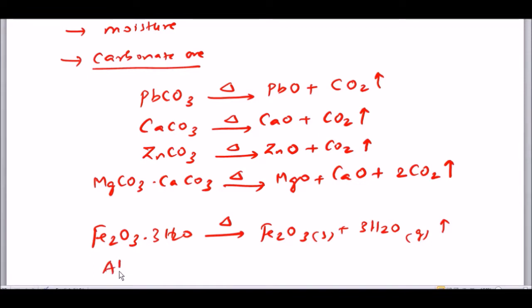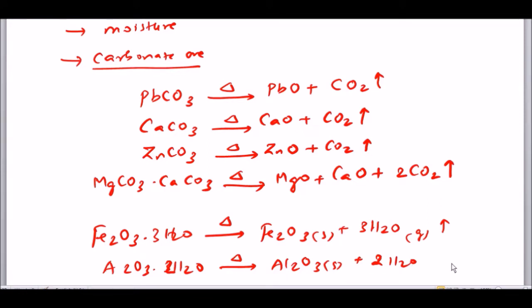Likewise, the bauxite Al2O3, that's going to have 2 times H2O. On calcination, it becomes Al2O3 solid, and we will be having 2 times H2O.